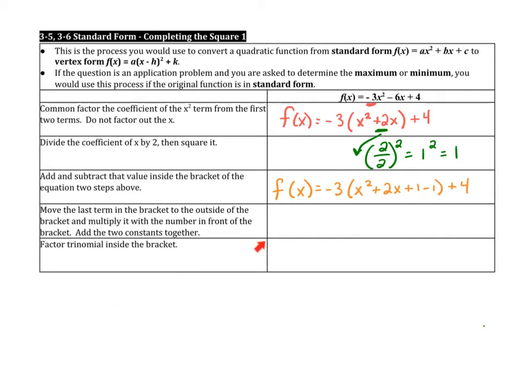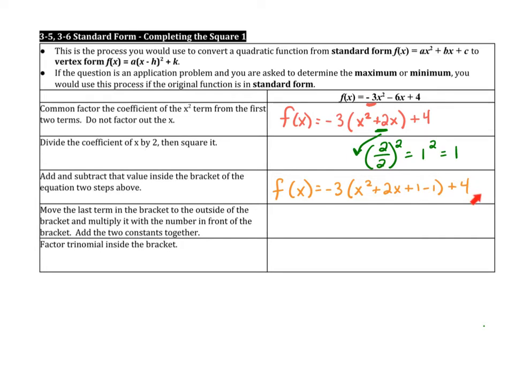Then what you're going to do is take the last term, which is this -1, and multiply it with this -3, almost like you're doing the distributive property with just that last term. So you're going to take the -3 and multiply it by the last term to move it outside of the bracket.